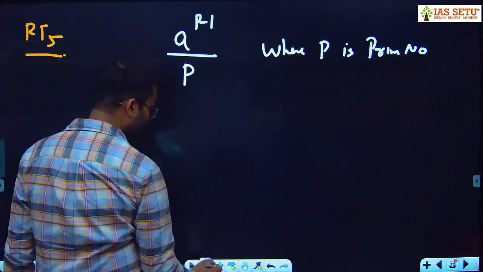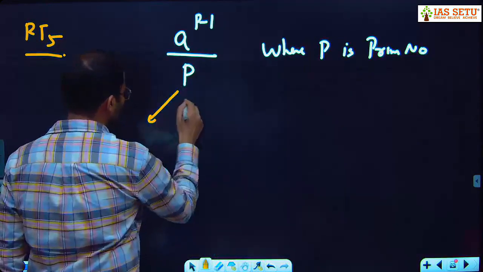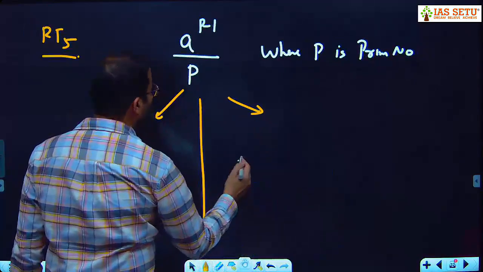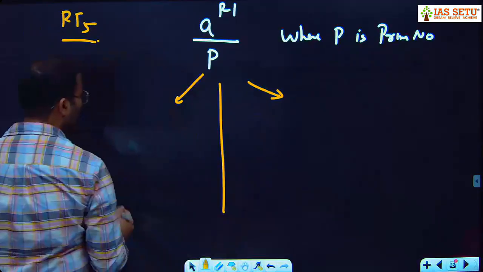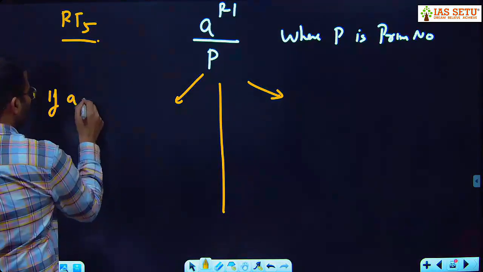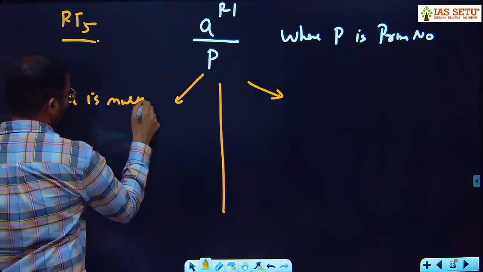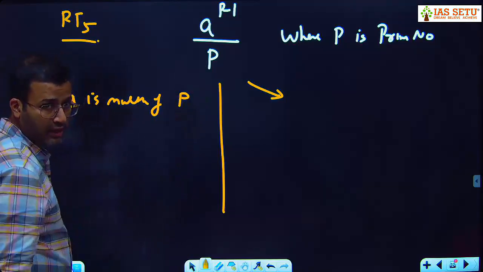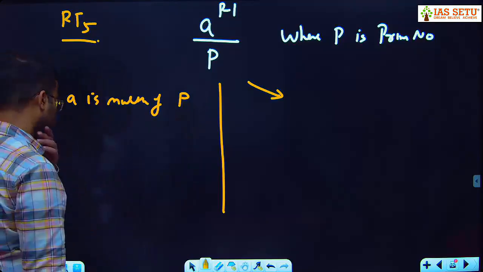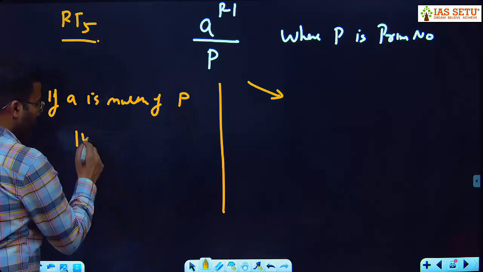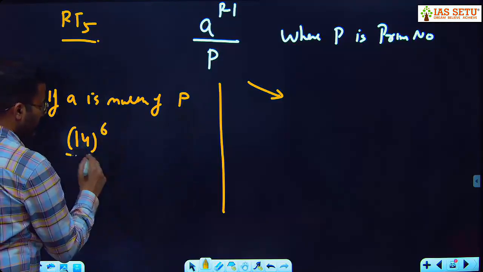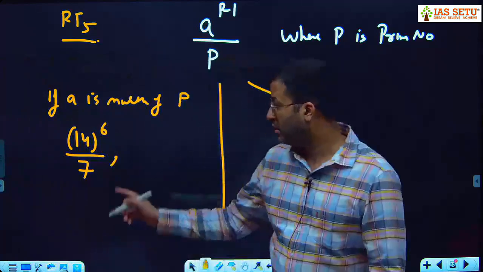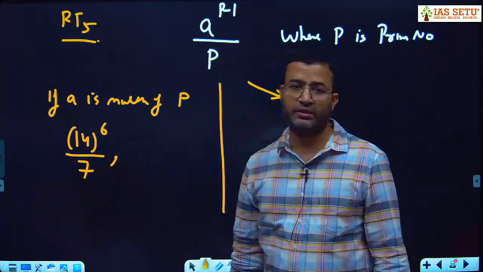We divide in two parts. इसको हम दो हिस्सों में divide करते हैं. First one is if a is a multiple of p. I give you an example: 14 to the power 6 divided by 7. 7 is a prime number, power is 1 less, 14 is an exact multiple of 7.